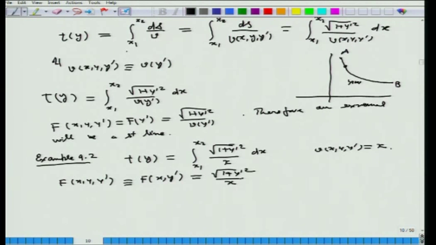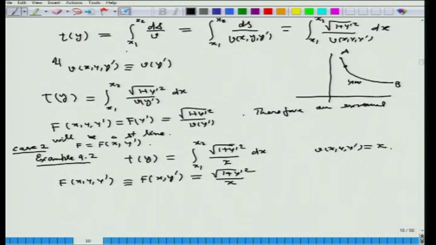So, this is case 2, where f is a function of x and y prime only. This is an example of this case.